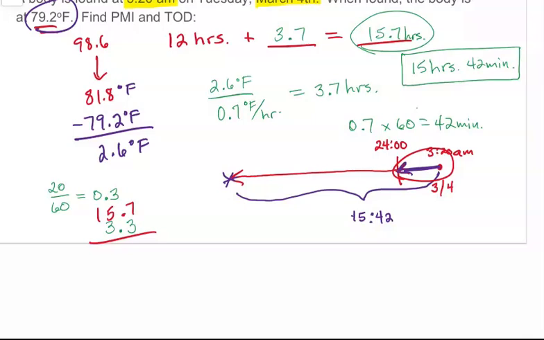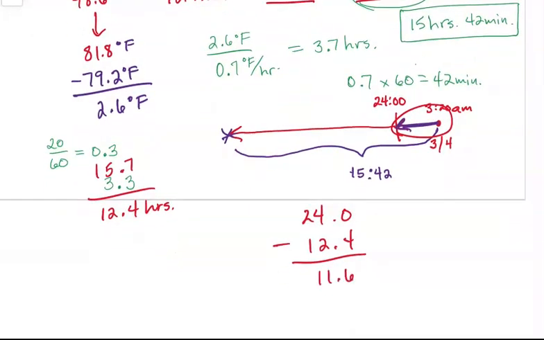So 15.7 minus 3.3 is 12.4 hours. So all we have to do now is go back in time 12.4 hours on March 3rd. If I think of midnight as being 2400, or just 24 hours, 24.0 minus 12.4 gives me 11.6.